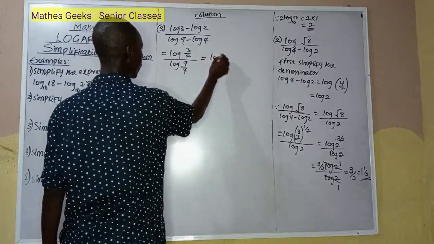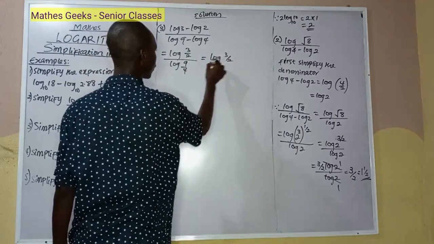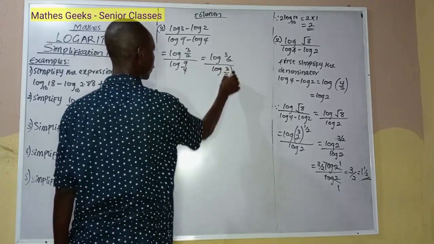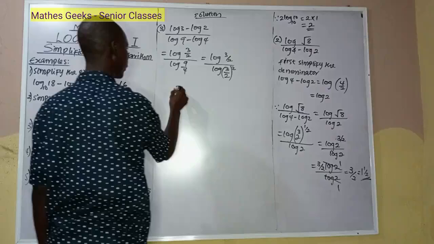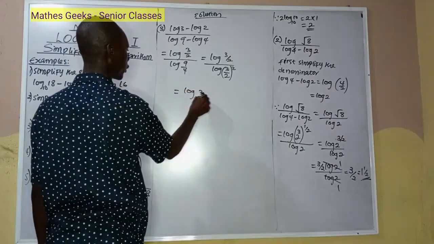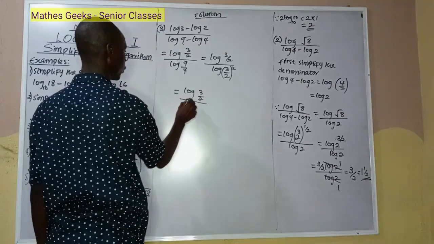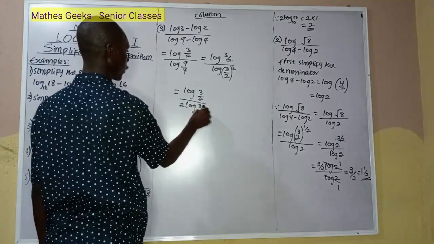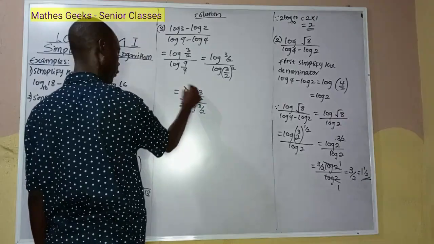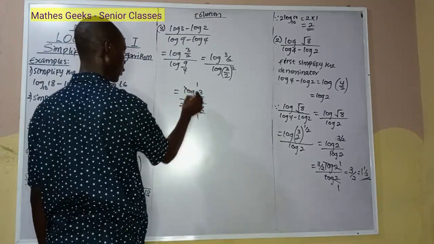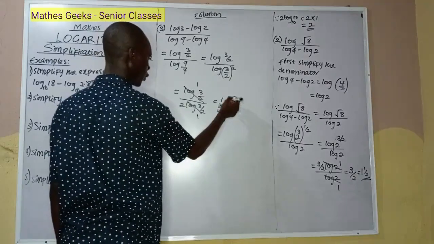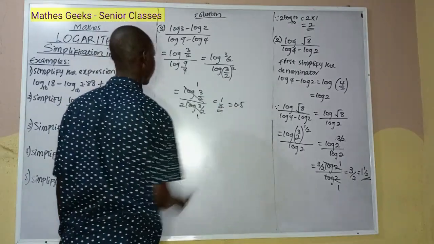This will give us log 3 over 2 over log 3 over 2 raised to the power 2. And that will give us log 3 over 2 over 2 log 3 over 2. Since they are similar, cancel, and we are left with 1 over 2, which is also equal to 0.5.